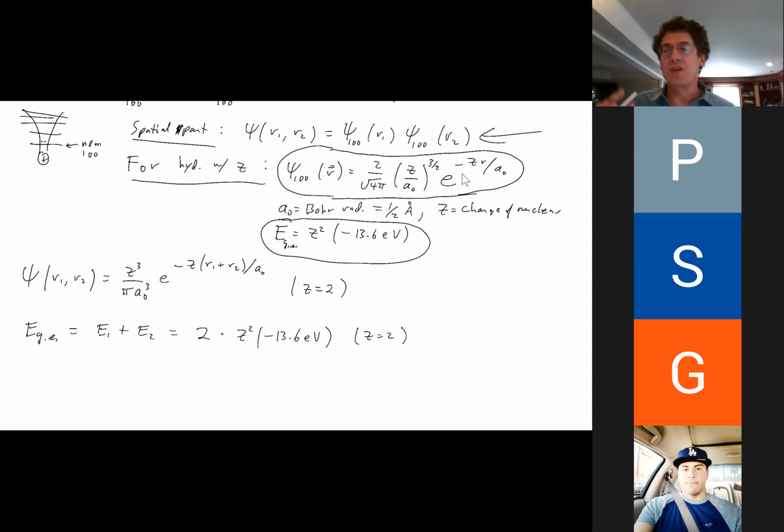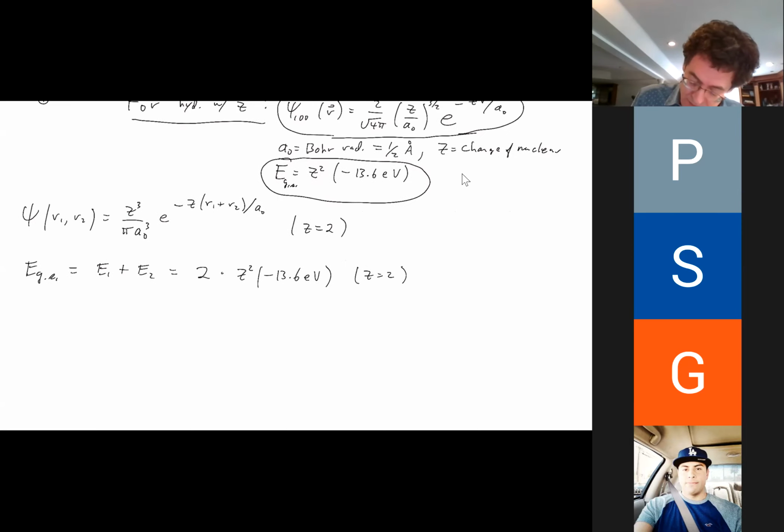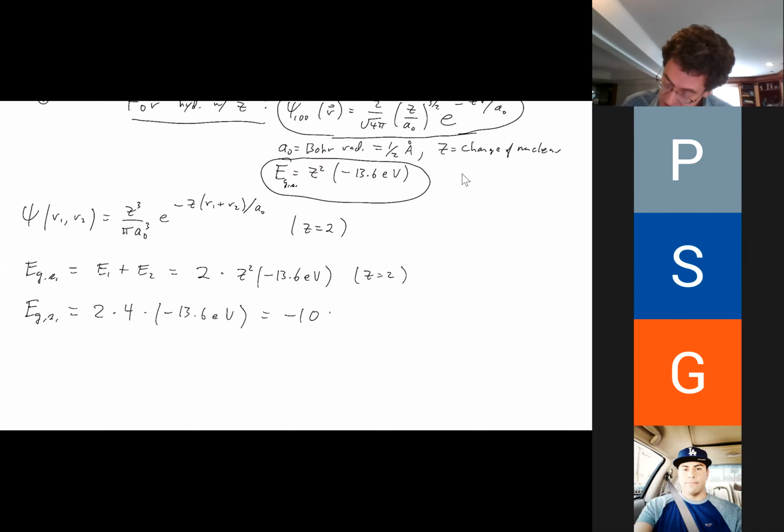We just ignored the interaction, and it was non-interacting electrons, and we can write down the wave function, and we can write down the ground state energy. Boom, boom, boom, boom. Very simple. So now we just add it up and calculate it. It's 2 times Z squared, which is 4, times negative 13.6 eV. And when we do that, we get a number which is negative 109 eV. Okay, that's the number we get.